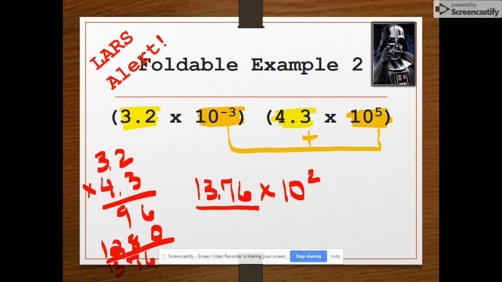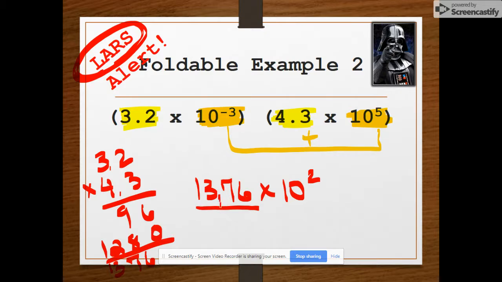When this happens, we're going to take a look at what's up here in the top left corner, LARS. LARS is a way to help us remember which way to move the decimal and how that's going to change my exponent. In order to make this number less than 10, I have to look and see, am I going to move my decimal to the right, which would give me 137, or to the left, which is going to give me 1.376.